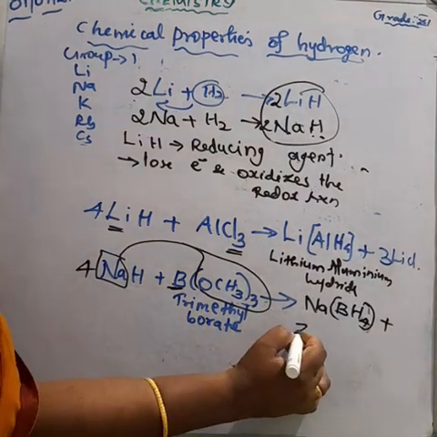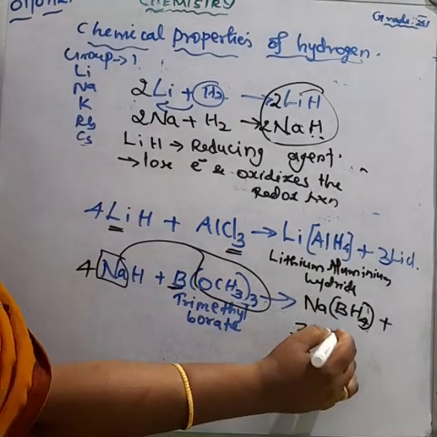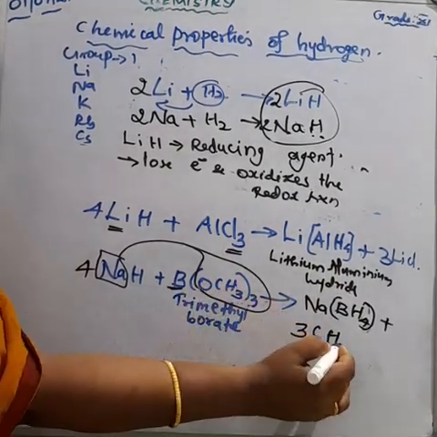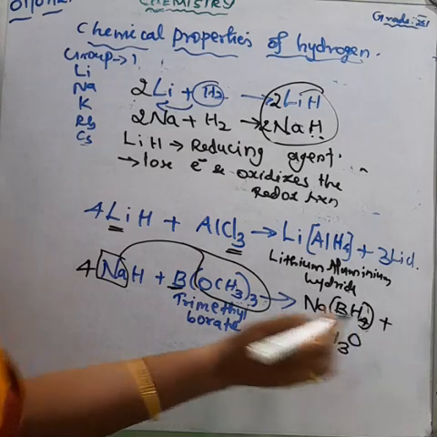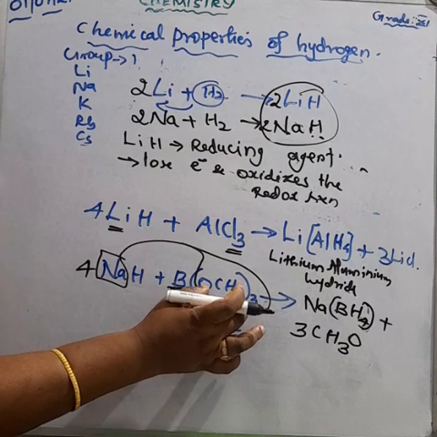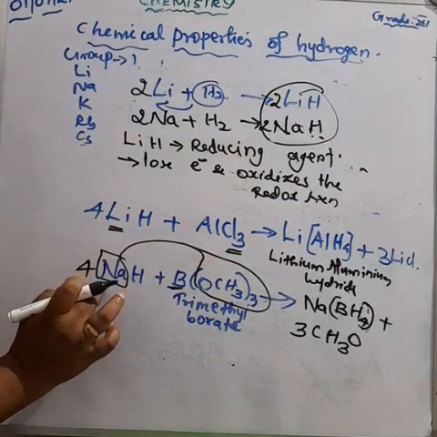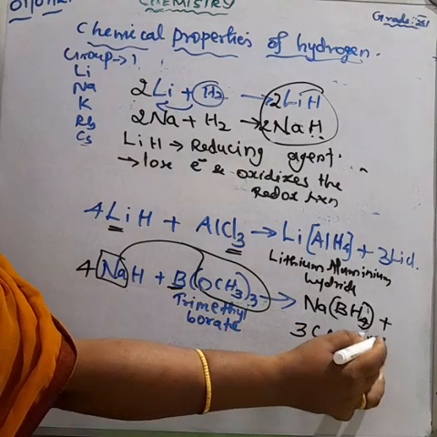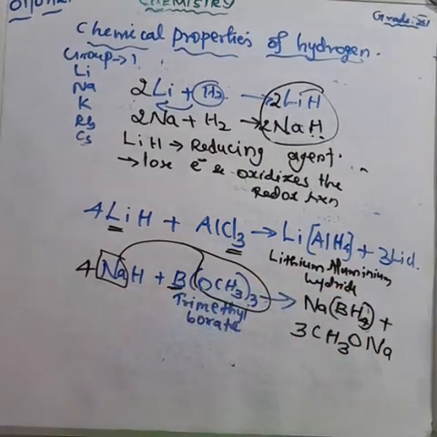What is the formula for sodium methoxide? How many methoxy groups here? 3 methoxy groups, so 3 CH3O. And how many sodium atoms remain here? 3 sodium atoms, Na.